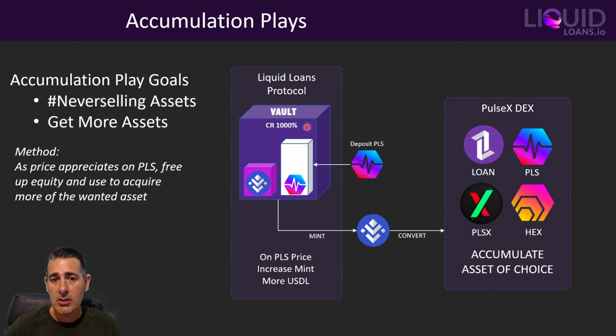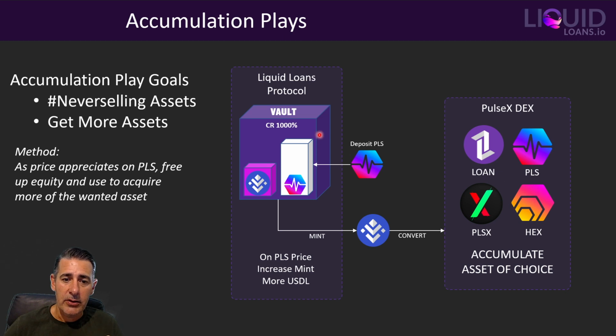We could still use a nice safe collateral ratio like we discussed in the Haunted strategy. So we mint some USDL, and what we do is we send that USDL across to the PulseX exchange and we accumulate the asset of choice. Okay, so that could be Loan token, could be Pulse, could be PulseX, could be HEX.